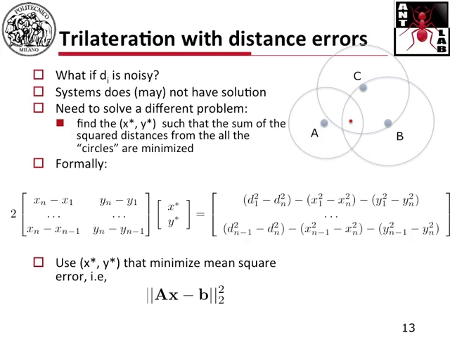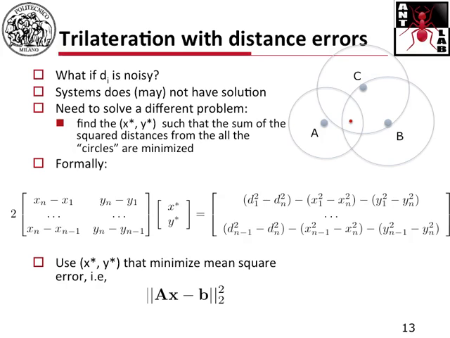Because, for example, you cannot see it here, but if the distance measures are noisy, it means that the 3 circles which are centered at each anchor, this circle here, this circle here, and this circle here, do not even intersect in one single point, which means that the system is no longer solvable. There's no solution to that system. Okay? Clear? Questions?